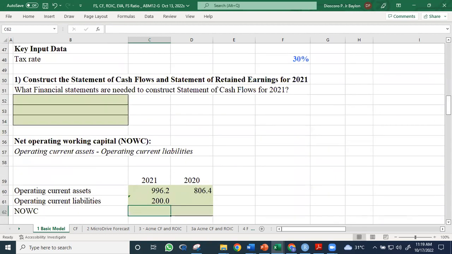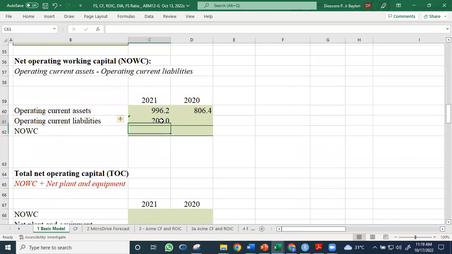I'm getting 200, and then I just copy this to the right. Then get the difference: operating current assets minus operating current liabilities. So that's our first measure.